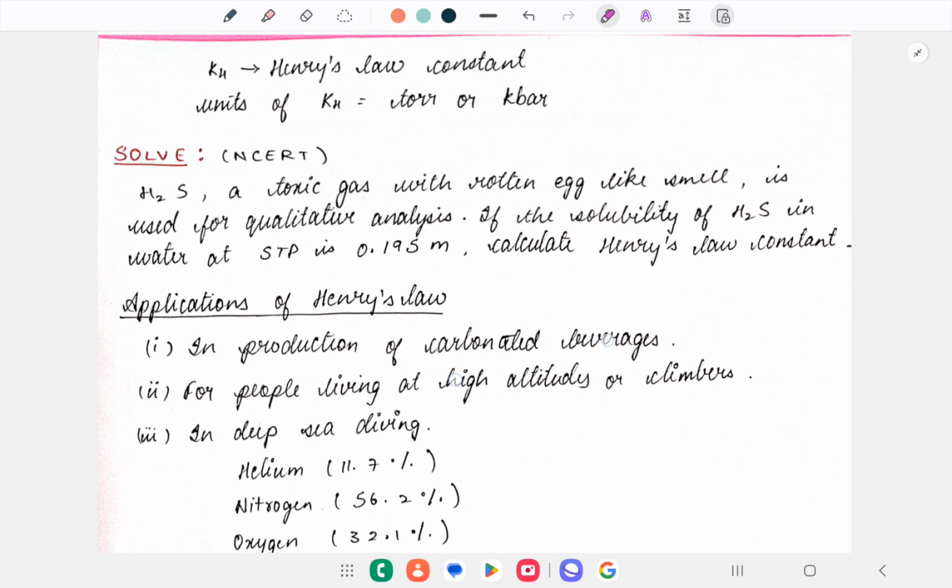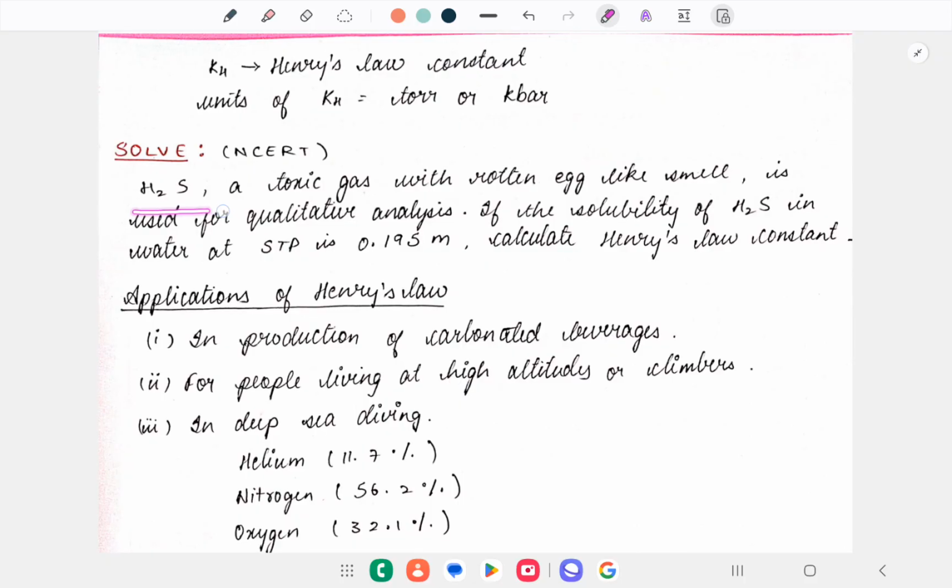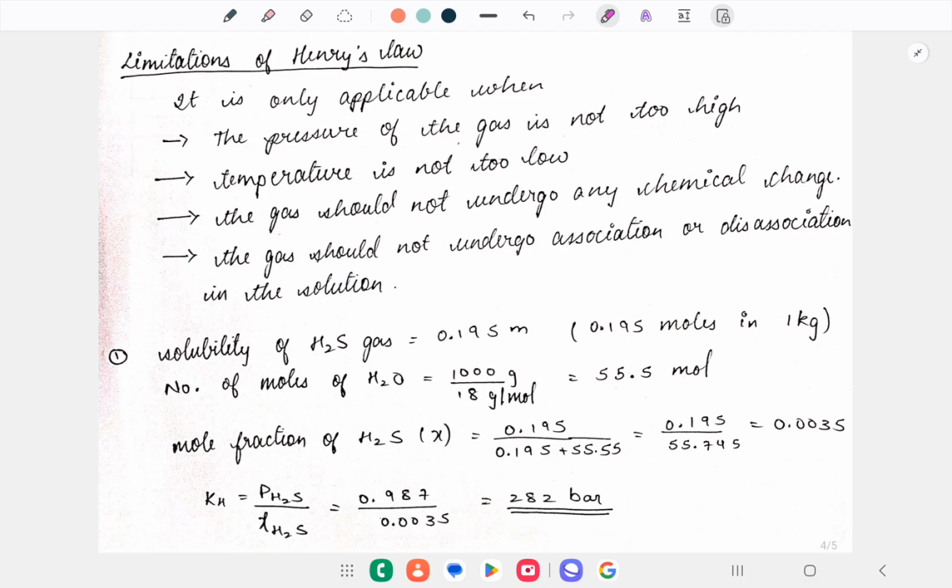So the question is that H2S, a toxic gas with rotten egg-like smell, is used for qualitative analysis. If the solubility of H2S in water at standard temperature and pressure is 0.195 m, then calculate Henry's law constant. So what is provided to us?